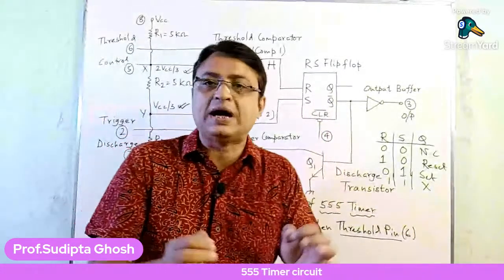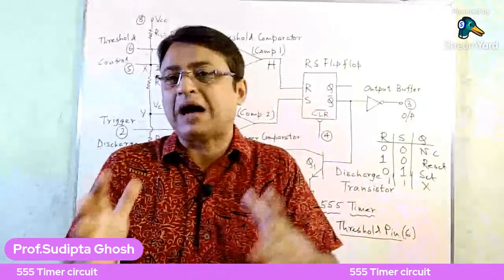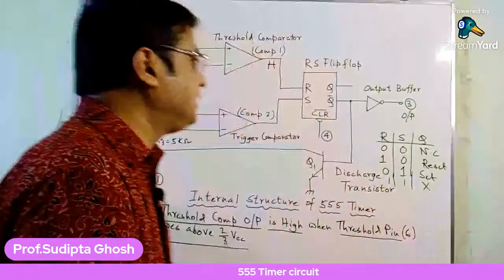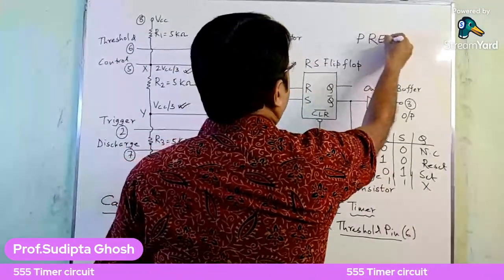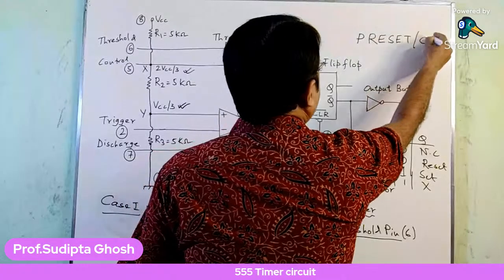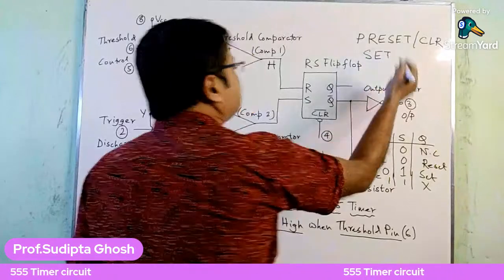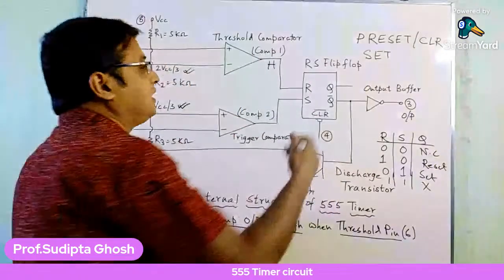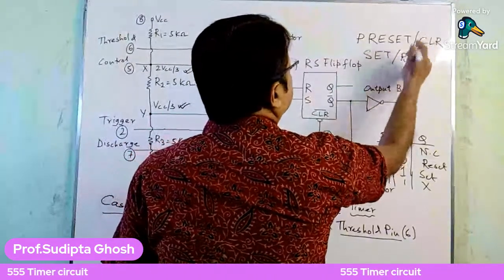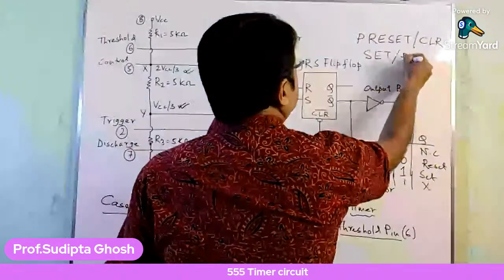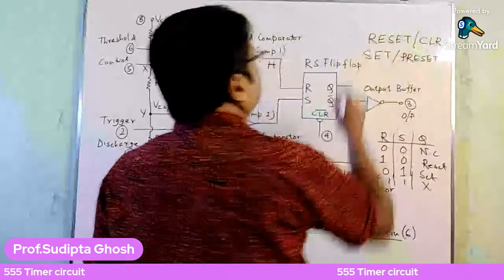You will find two additional control inputs inside a flip-flop circuit or a flip-flop IC, and those are actually set, or rather preset, and reset, or clear.